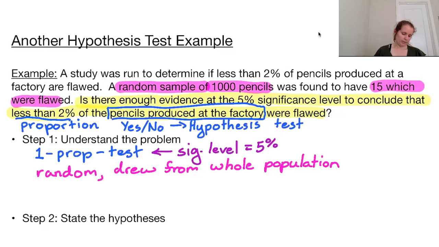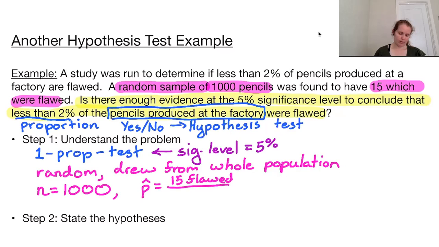We have a sample size of n equals 1,000. Our p-hat, we have 15 flawed out of our 1,000 pencils, otherwise known as 0.015.